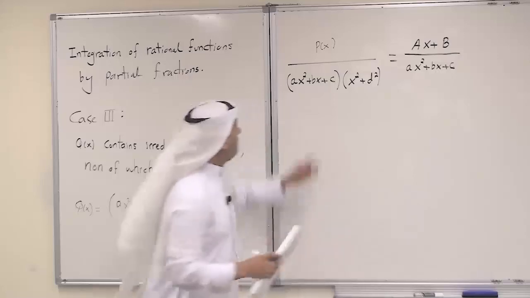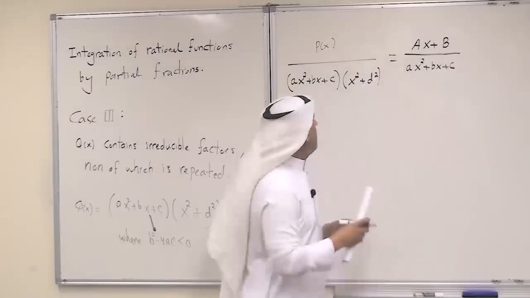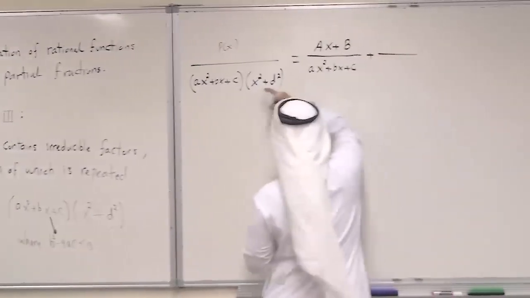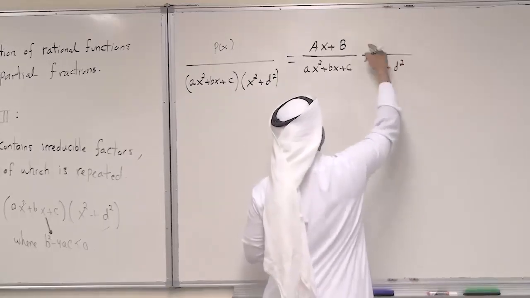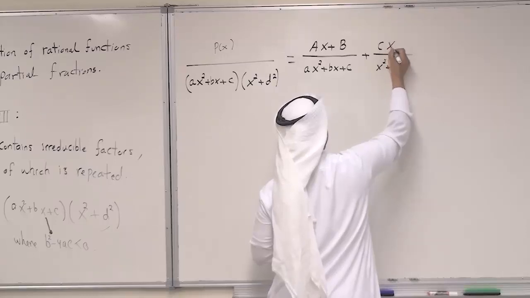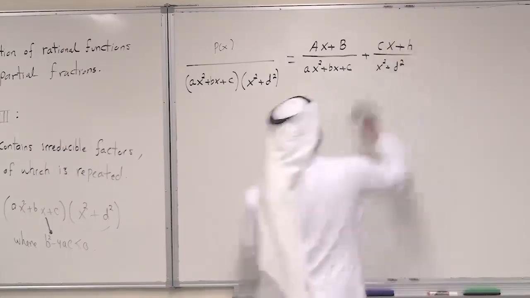For the first quadratic factor, I need a linear factor upstairs. Plus the second one now. The second one is also quadratic, so it is x squared plus d squared. I need another linear one. Maybe I can call it cx plus whatever, for example, the letter h.